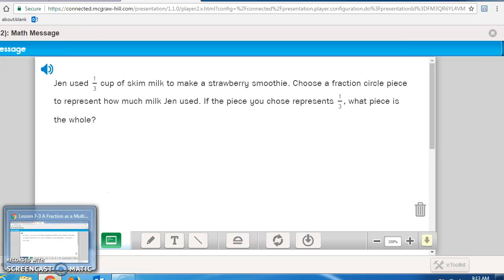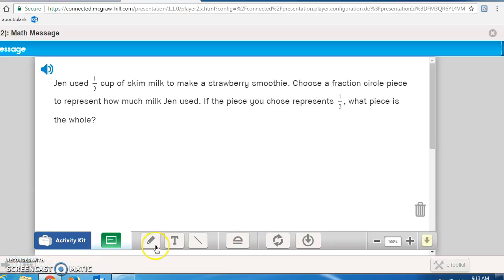Read this to yourself as I read it out loud. It says, Jen used 1/3 cup of skim milk to make a strawberry smoothie. Choose a fraction circle piece to represent how much milk Jen used. If the piece you choose represents 1/3, then what piece is the whole? Well, I want you to get the fraction circle pieces out so you understand what I'm going to be saying.